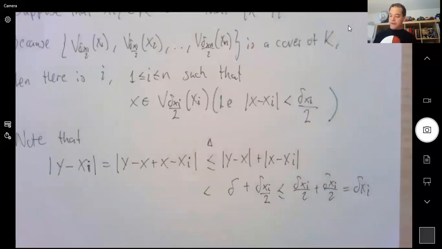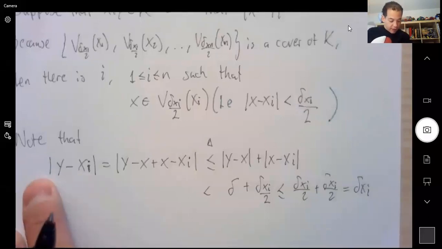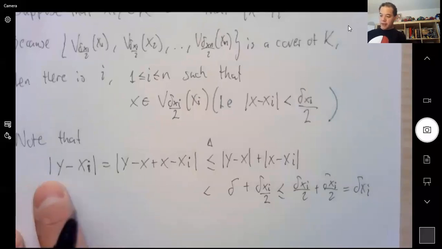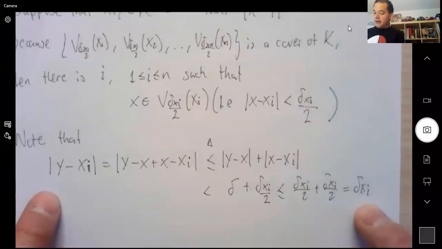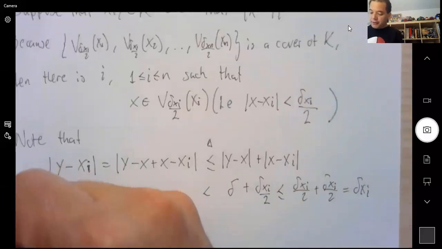Now here's the important thing. Both X and Y are within delta Xi of Xi. So let me just write it here. This is the important part.